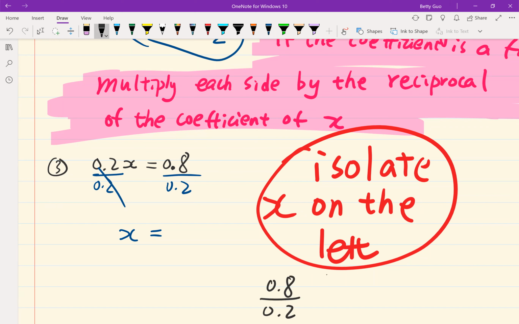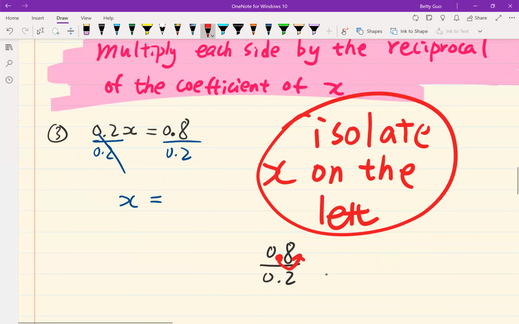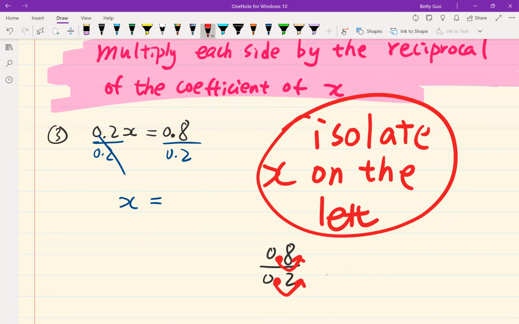So you see the decimal point? If you move the decimal point to the right one time, and you do the same thing to the denominator, then you would have 8 over 2, right? Correct? And 8 over 2, you know it's 4. So you can apply the same treatment to both numerator and denominator without changing the value of the fraction.